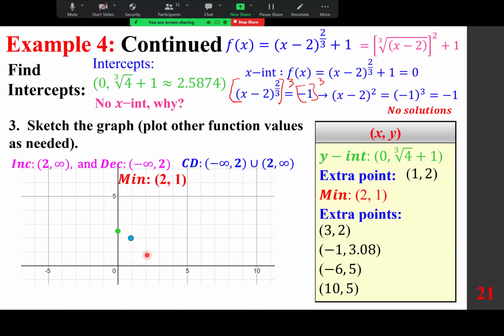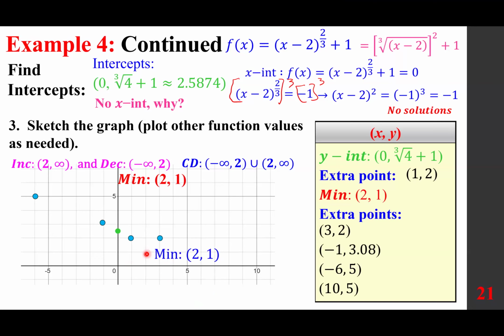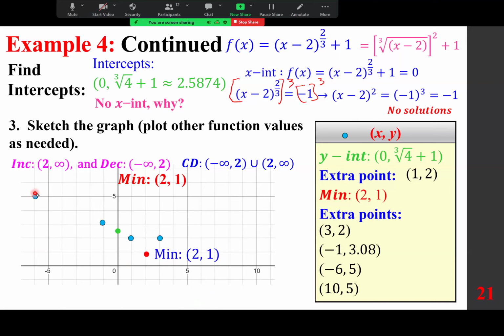This is 2, 1. 3, 2. So this is 3, 2. Which is, by the way, 2, 1 is the minimum. Okay. And then negative 1, 3.08. Negative 6, 5. 10, 5.